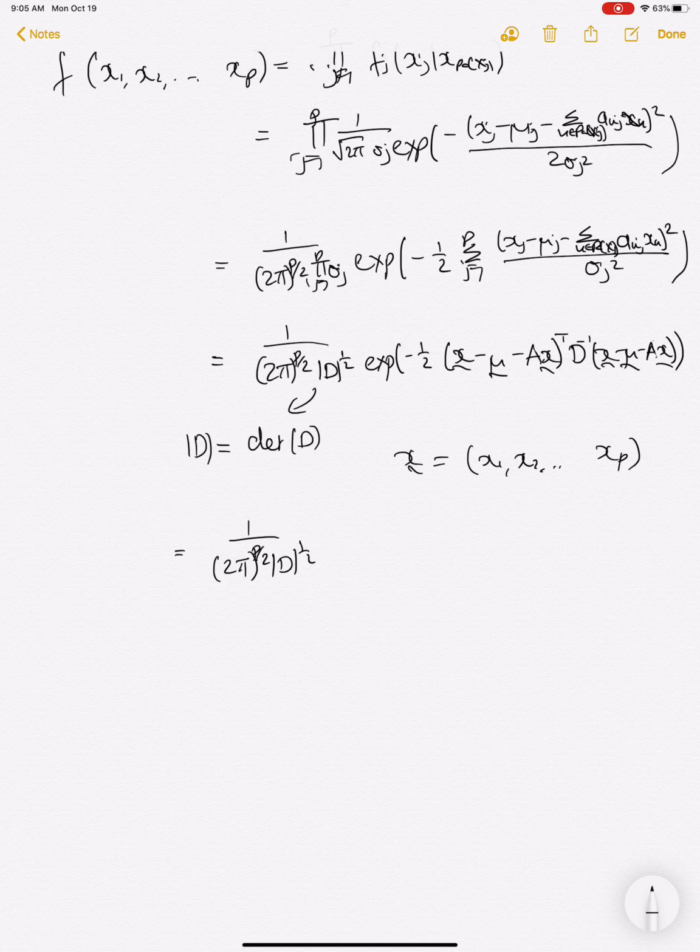And okay, so I'm just doing some rearranging here, and what we'll hopefully get is what we got from the earlier equation.